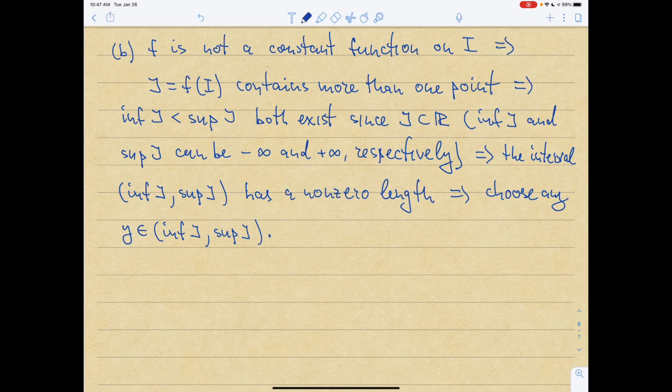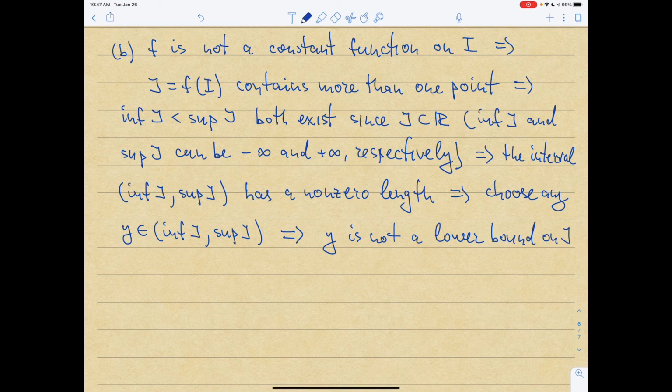So we will need to adjust things a little bit, and we're going to do it in the following way. So we choose any y like this. Then let's look at the infimum of J. So then y is not a lower bound on J. Right?